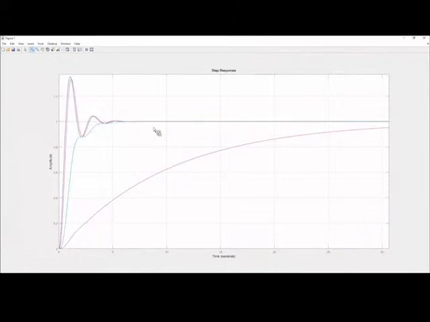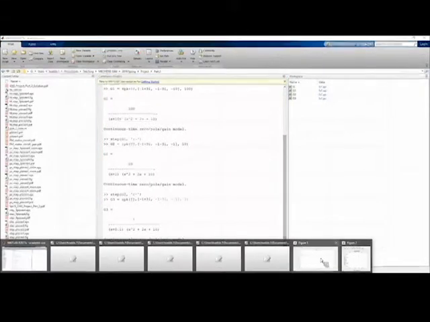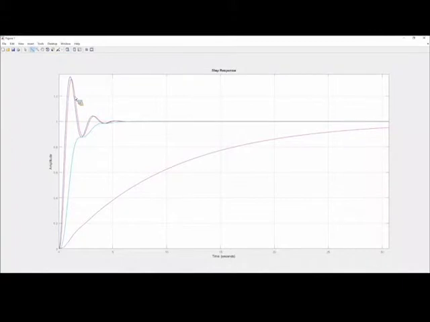Okay, so the blue line was the second order underdamped system. This is what we'll say nominal. Red line is when we add a pole at -10. And you can see that there's very little effect on the response. They're pretty close, right? There's not much difference.